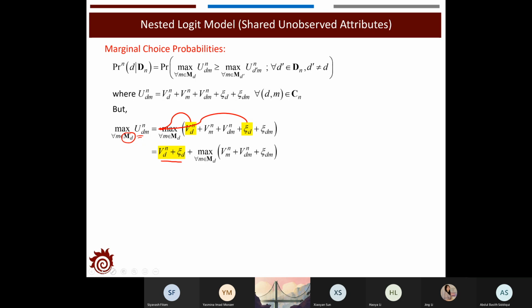With that, we will then apply the Gumbel distribution, assuming that epsilon dm follows the Gumbel distribution with the parameters 0 and mu dm.